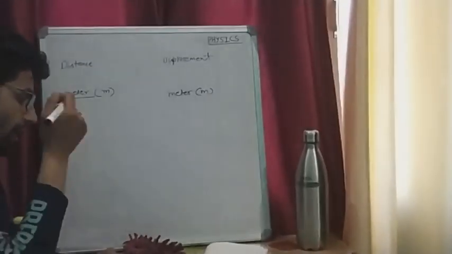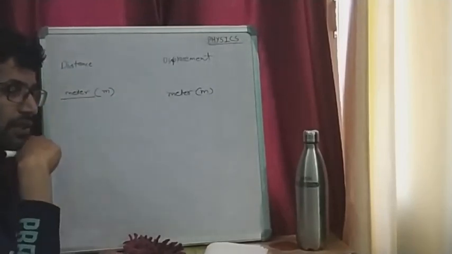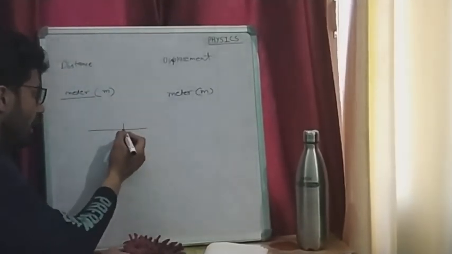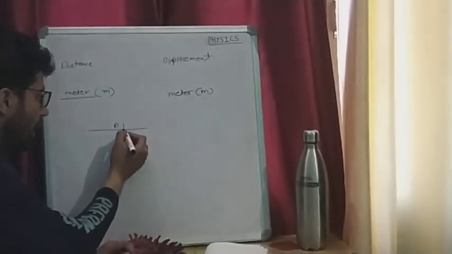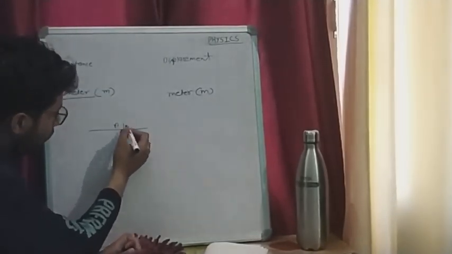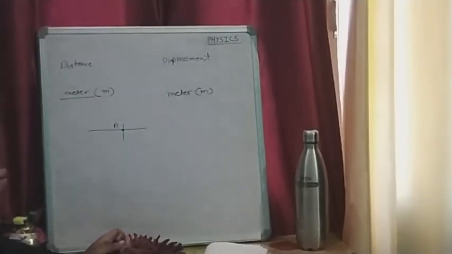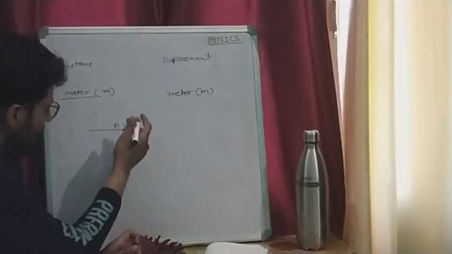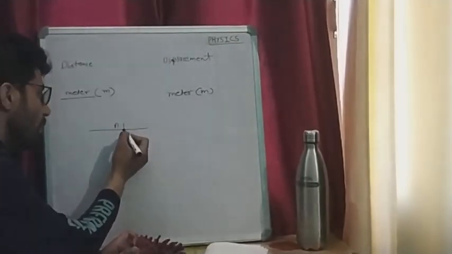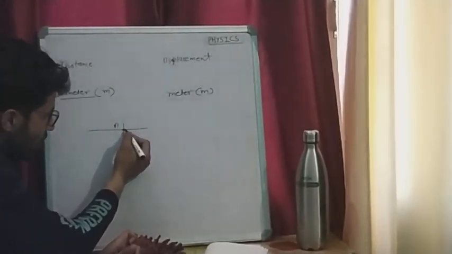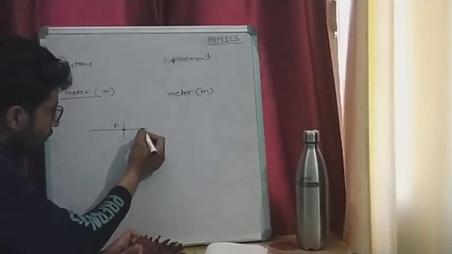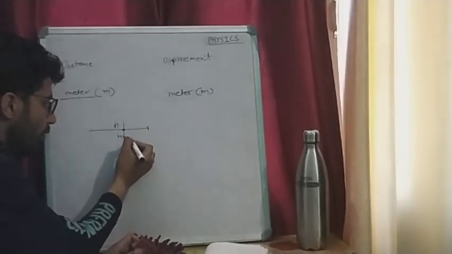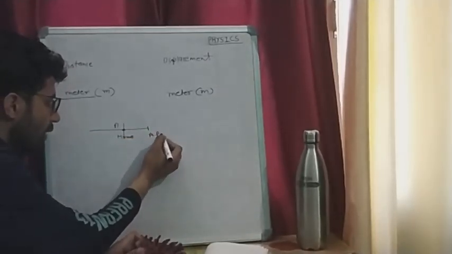In which case do you think displacement is 0? Suppose you are at your home. When you are at APS school and then you move to your home every day, this is your home and this is our school, APS.